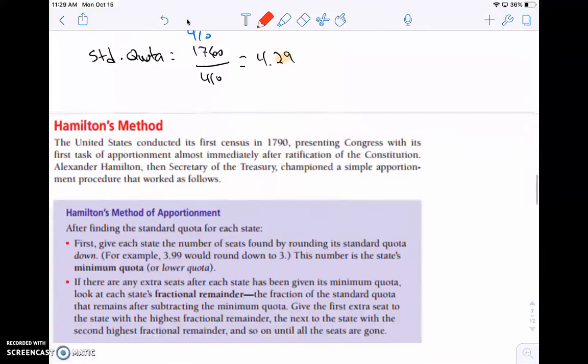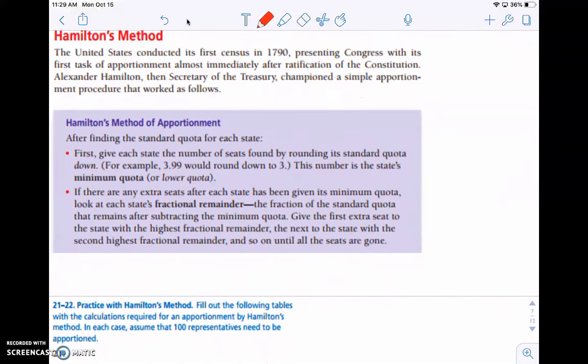And so one method was what's called Hamilton's method. So the United States conducted its first census in 1790, presenting Congress with its first task of apportionment almost immediately after the ratification of the Constitution.